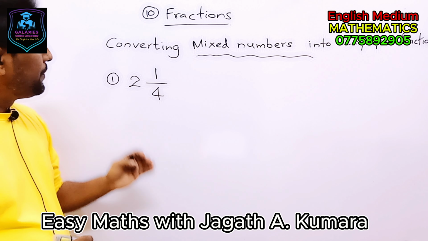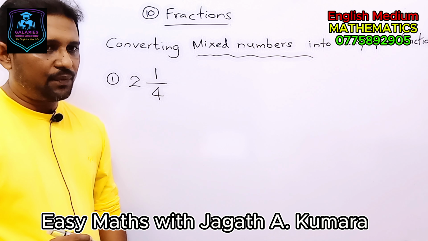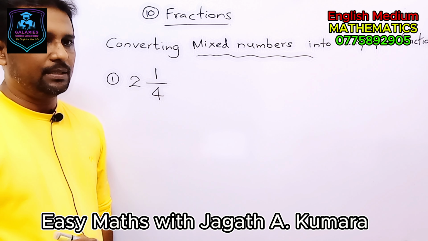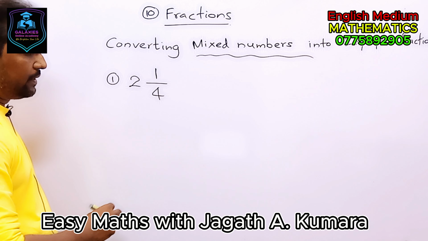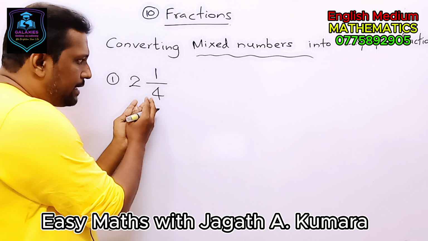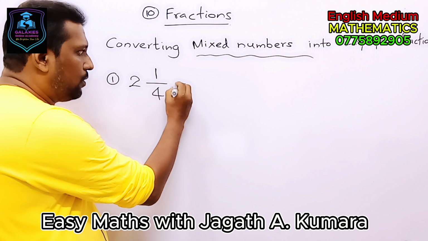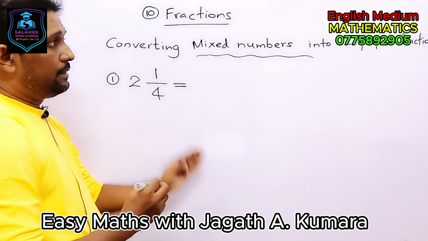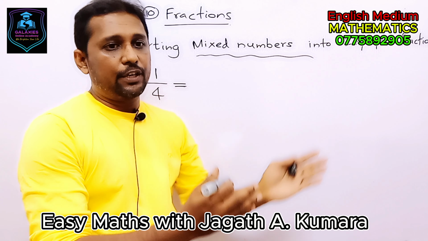What is the denominator? Denominator is 4. What is the numerator? Numerator is 1. Then you remember, if the denominator of the mixed number is 4, also the denominator of the improper fraction should be equal value.